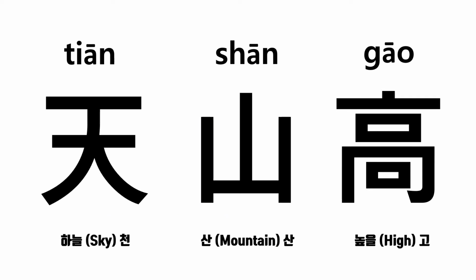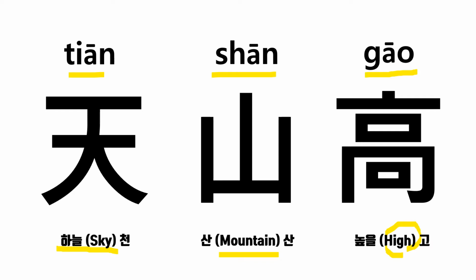For example, sky, Tian, this character you will learn later. Sky, Tian, and mountain, Shan, and high, Gao. These three characters have the value of tone number 1.